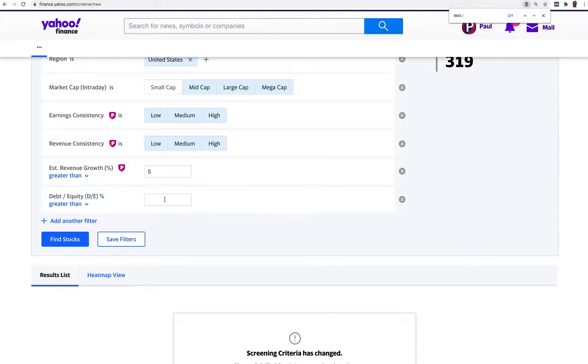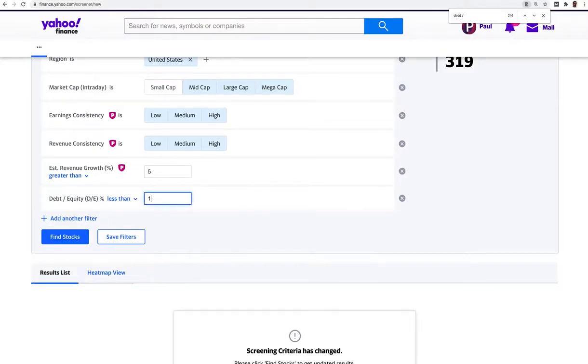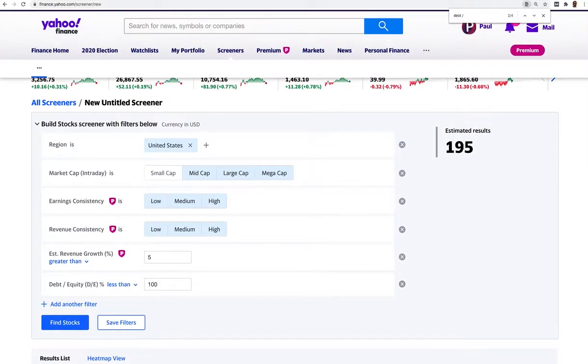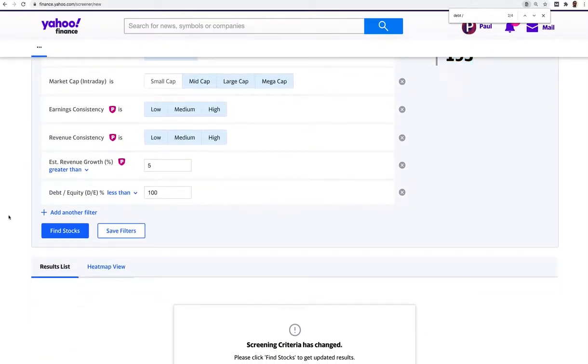That's the goal. So we'll put, this is asking for in percent, so we can say less than 100%. Now it brought it from 300 plus companies all the way down to 195. So we've just eliminated companies that have way too much debt to even consider.